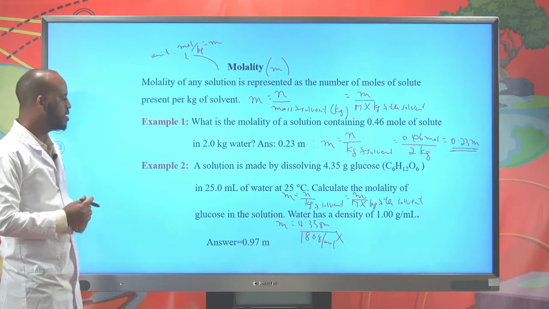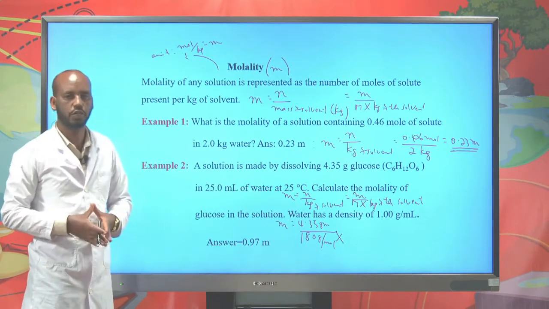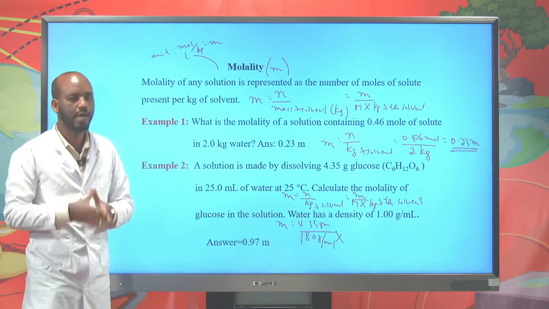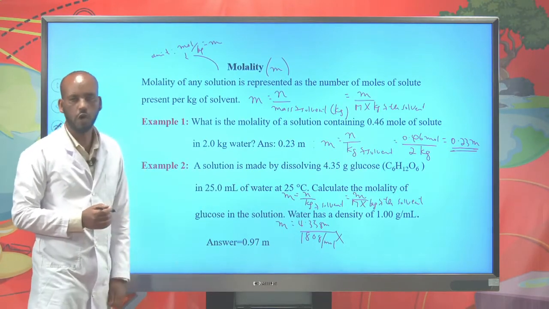Here, the volume of water and the density of water are given. We can calculate the mass of water from density and volume.